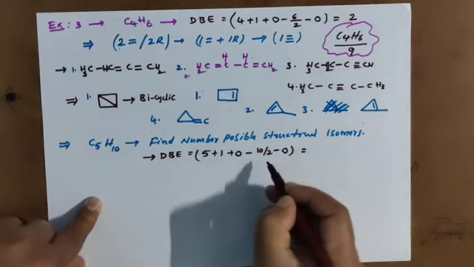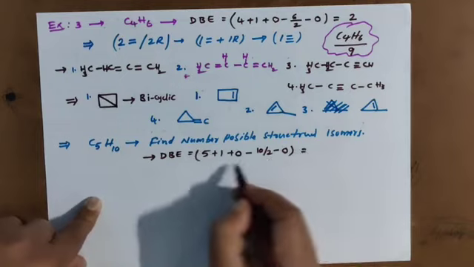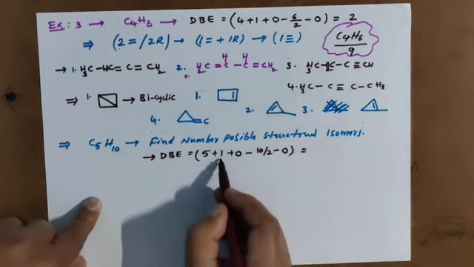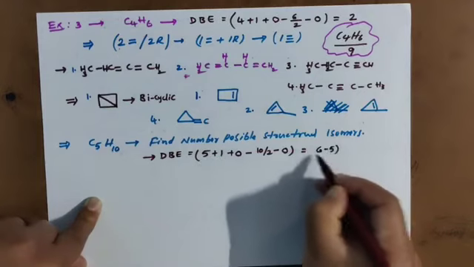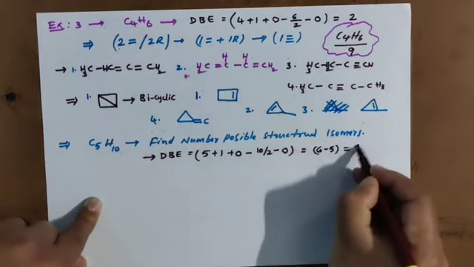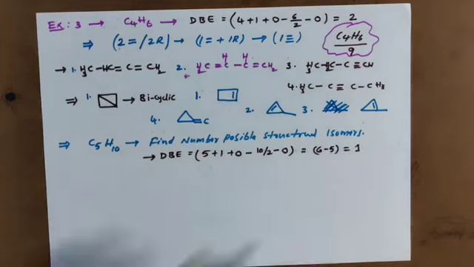That equals 5 plus 1, 6, minus 5, that is equal to 1. How much did we get for DBE? 1. 1 DBE means what we learned? 1 double bond or 1 ring.